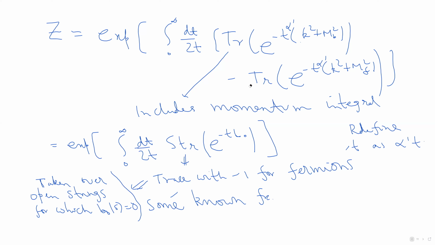The rest of the contribution in the trace is R independent, because those are only sensitive to the oscillator contribution. So you can rewrite this. And this 2 will also go away, because the open string has orientation: you can have an open string going from 0 to R or from R to 0. That will cancel this 2.